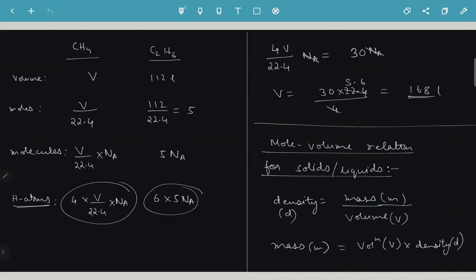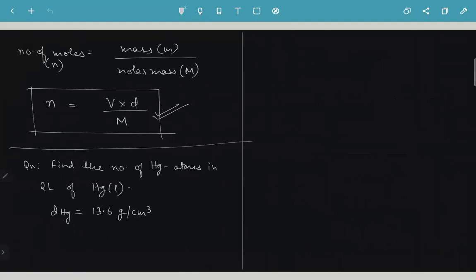Is it done? Now solve this question. Find the number of mercury atoms in 2 liters of liquid mercury. Density of mercury is given.